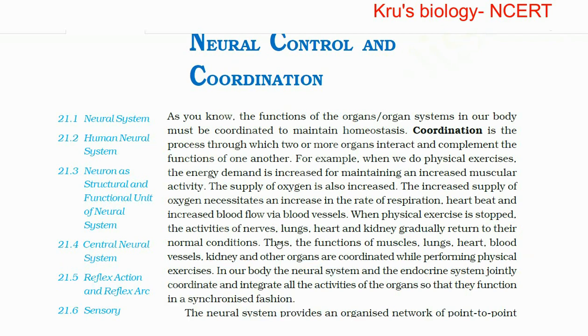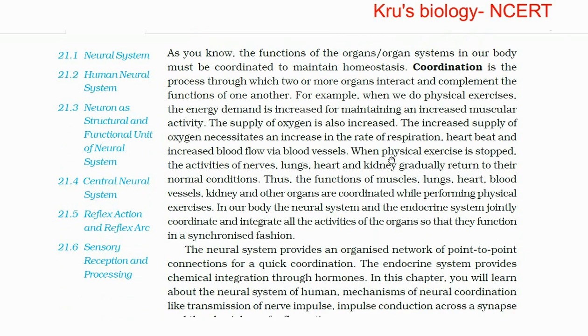Now in our body, the neural system and the endocrine system jointly coordinate and integrate all activities of organs so that they function in a synchronized fashion. Which are the two systems?